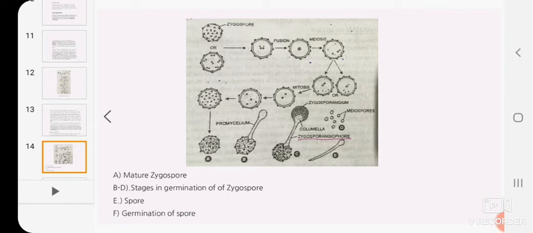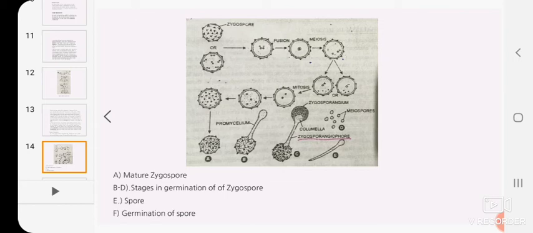Now, the cellular contents of the zygospore transfer to the tip of the promycelium, and in this way a terminal swollen structure is formed, which is called zygosporangium.